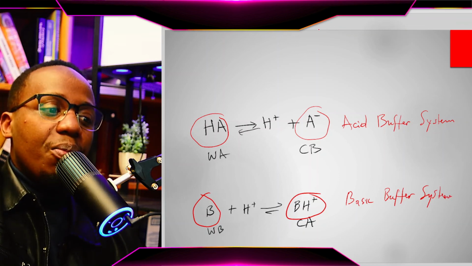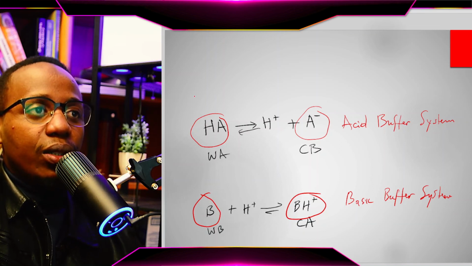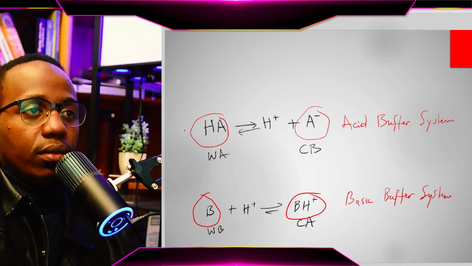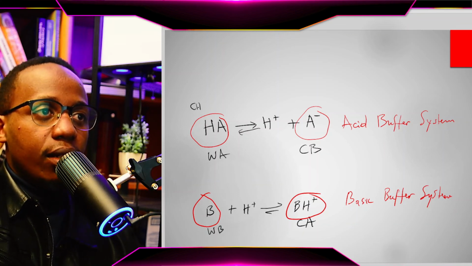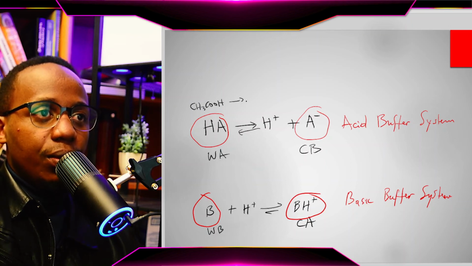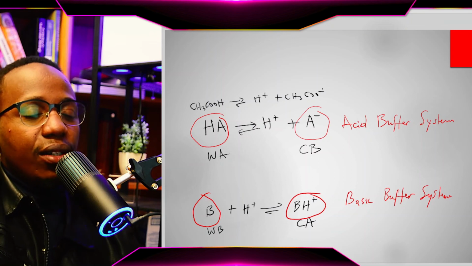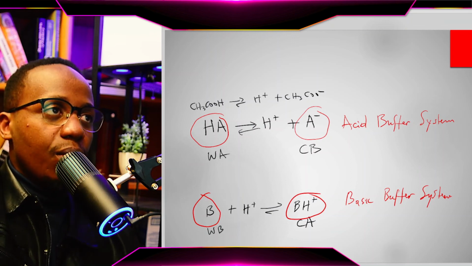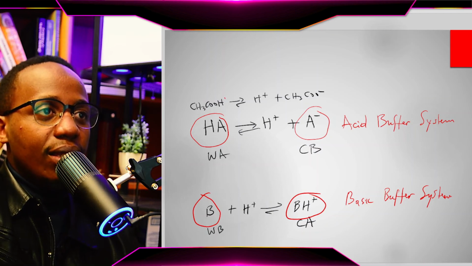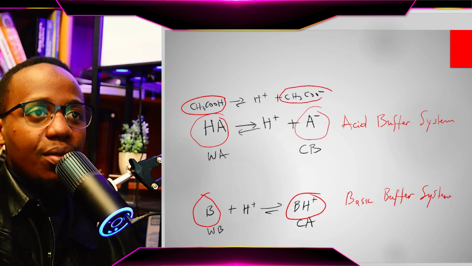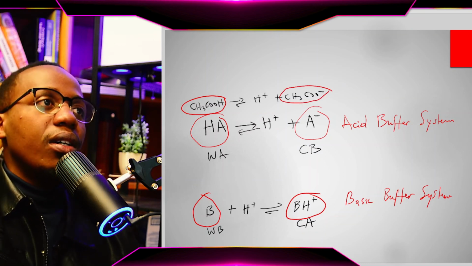Now, let me give you an example. An example of a weak acid that we already looked at is CH3COOH, which gives you H+ plus CH3COO−. If you have a system that has CH3COOH, acetic acid, and this ion right here, it's going to be a buffer.